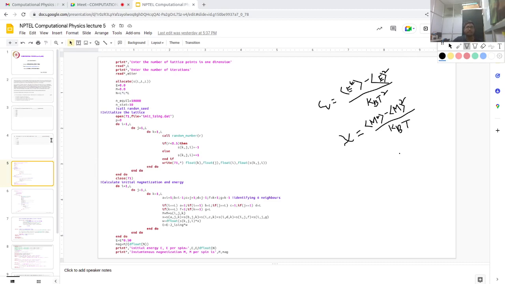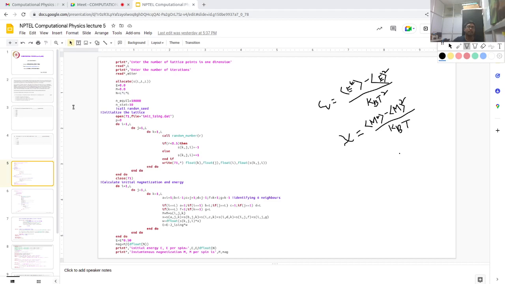Then as before, I have to take a loop over the repetitive MCS. How many times we have to take the MCS, that is the Metropolis algorithm, will depend upon the value of niter, which we are going to assign at the top.